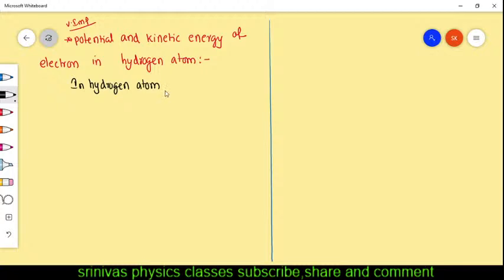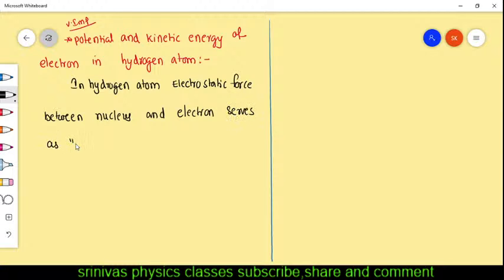In hydrogen atom, there is an electrostatic force between the nucleus and electron that serves as centripetal force.